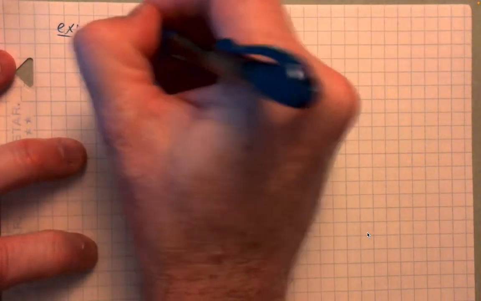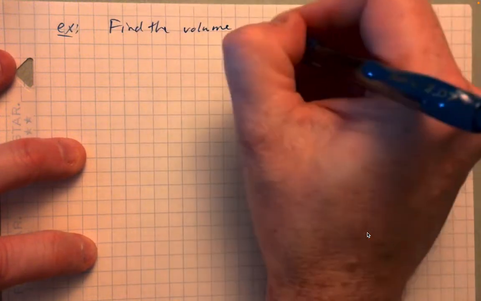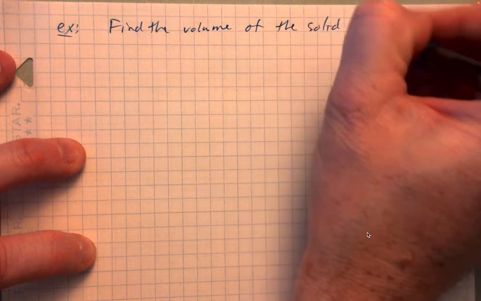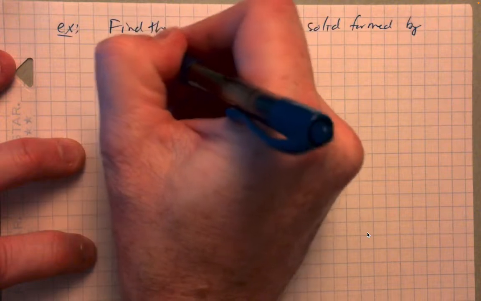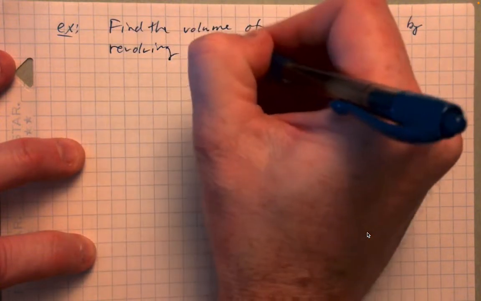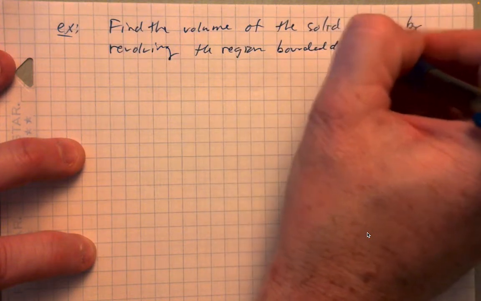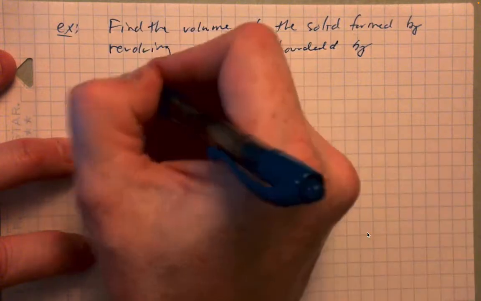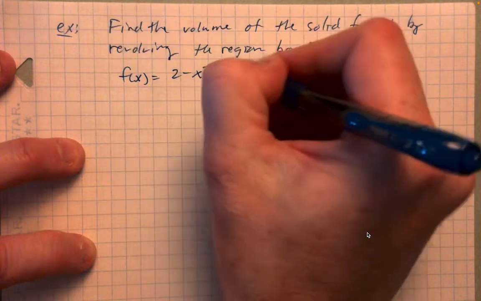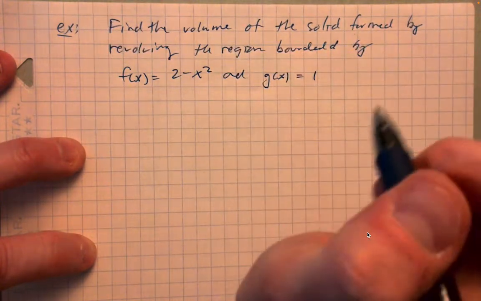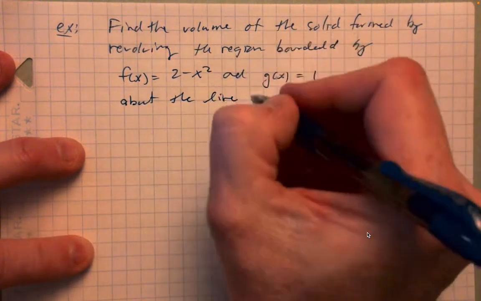Find the volume of the solid formed by revolving the region bounded by f of x equals 2 minus x squared and g of x equals 1 about the line y equals 1.